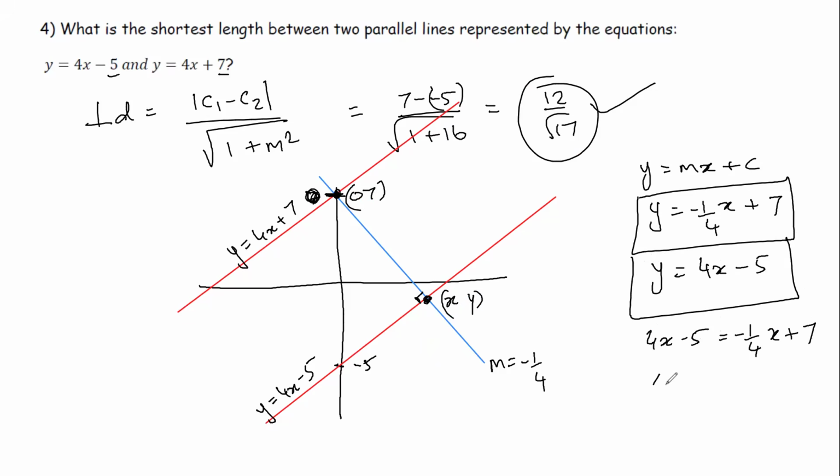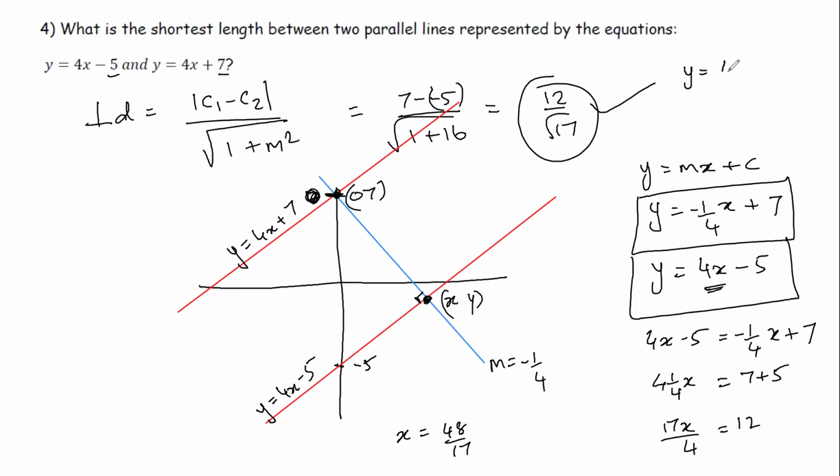So what I get is 4 1/4 x is equal to 7 plus 5, which is 12. So that is 17 by 4 x is equal to 12. Therefore I get x is equal to 48 by 17.